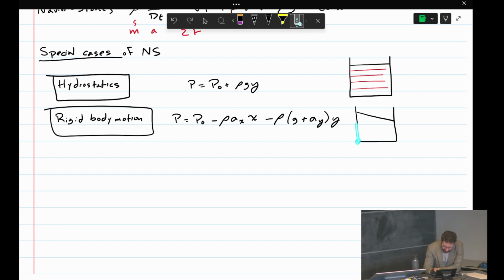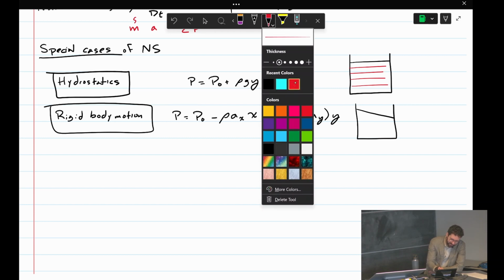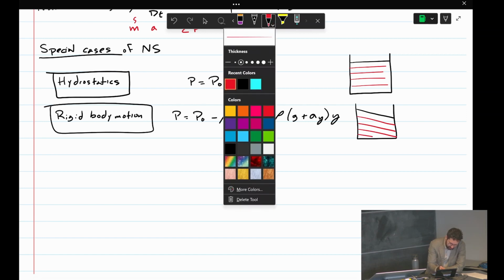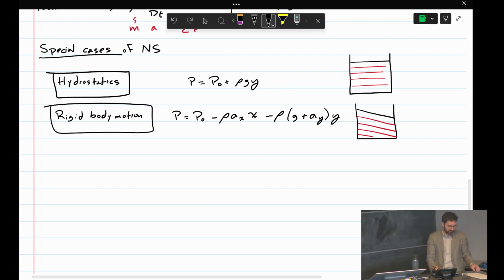So we used one defined with y positive and x positive. You'll notice that in the case where there's no acceleration, these actually produce the exact same result, just flipped by a minus sign due to the definition of y. So those are the isobars for our accelerating fluid. Any questions about these two special cases?